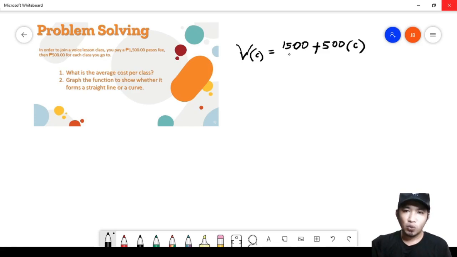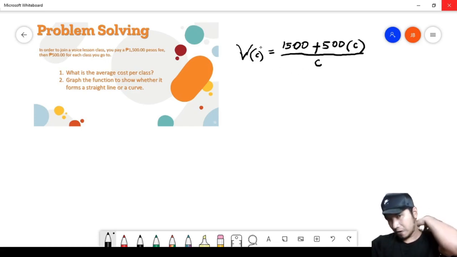The question is the average, so we divide by the number of classes. That is the rational function of this problem: V of C is equal to 1,500 plus 500 multiplied by C, all over C.